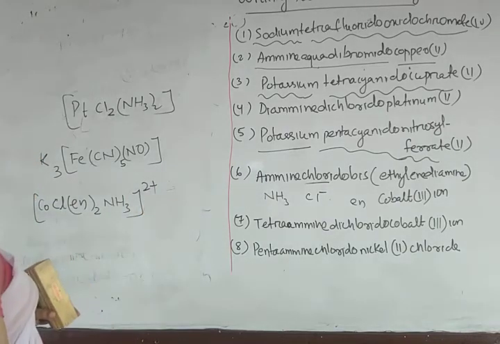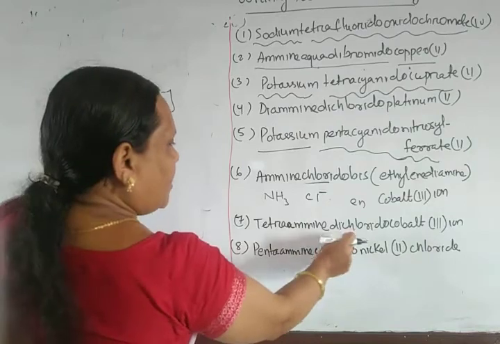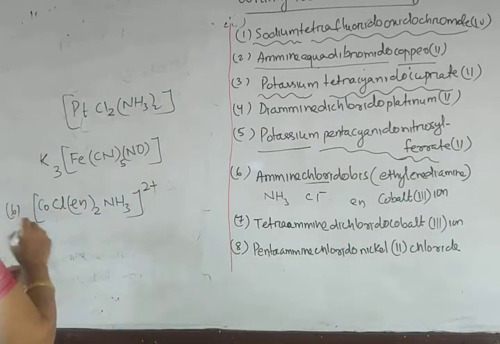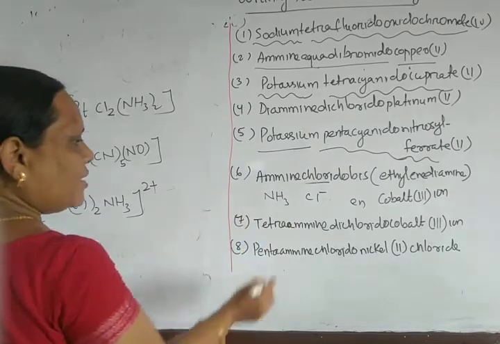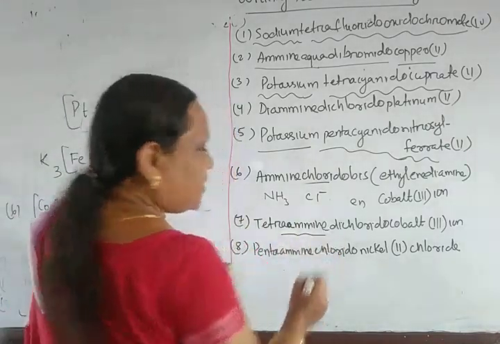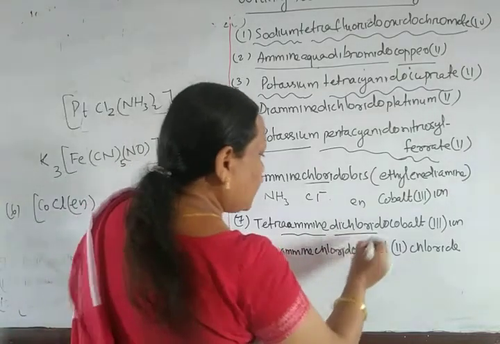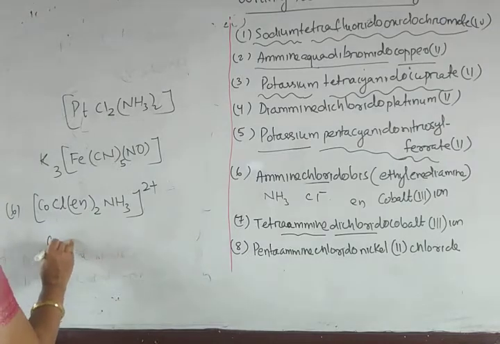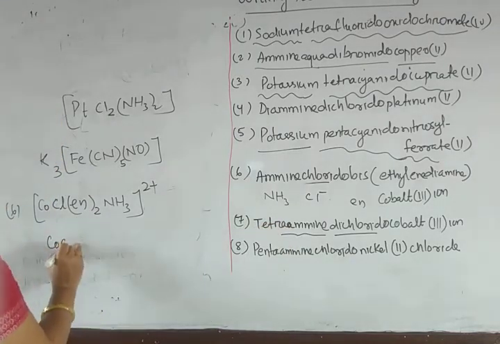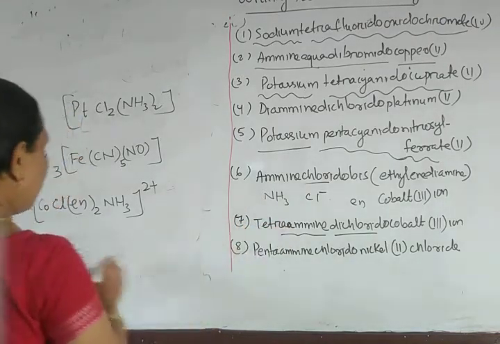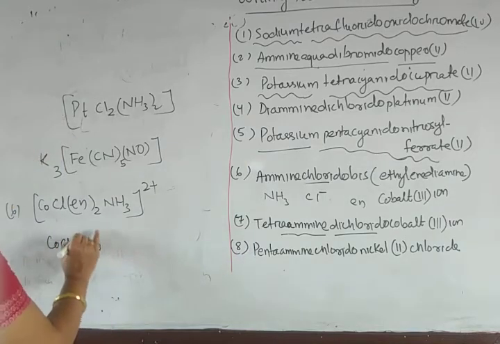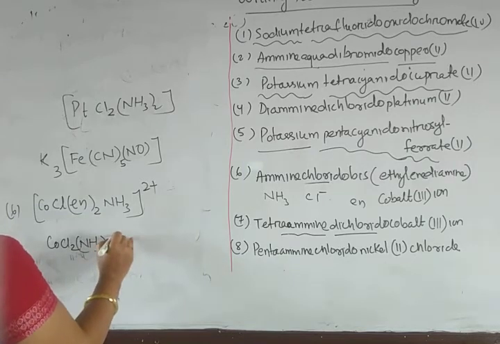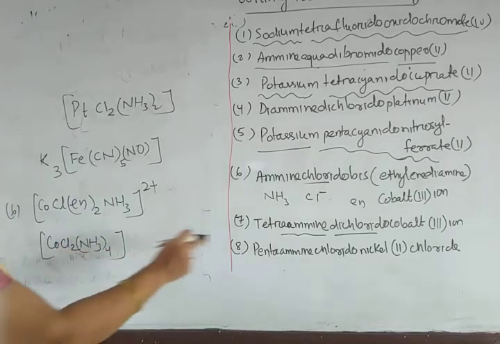Okay, next come to tetraamine dichlorido cobalt ion. This is also an ion, one word. Amine is NH3, chlorido is Cl. So in this way Cl should be written first. First cobalt, then dichlorido Cl2, then tetraamine NH3 whole 4, and here the charge is also given, 3 ion.